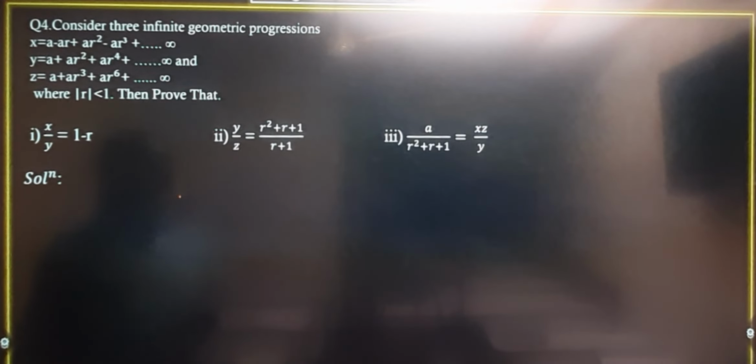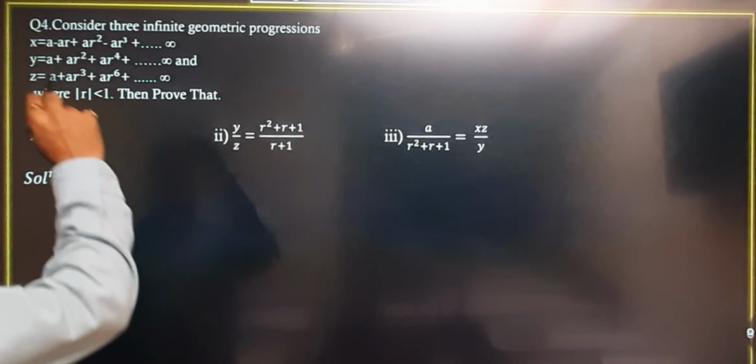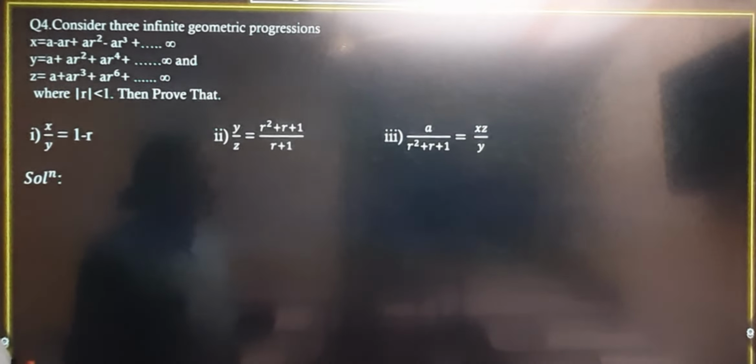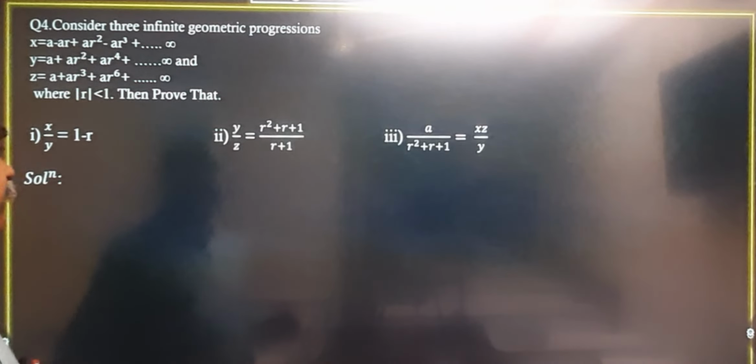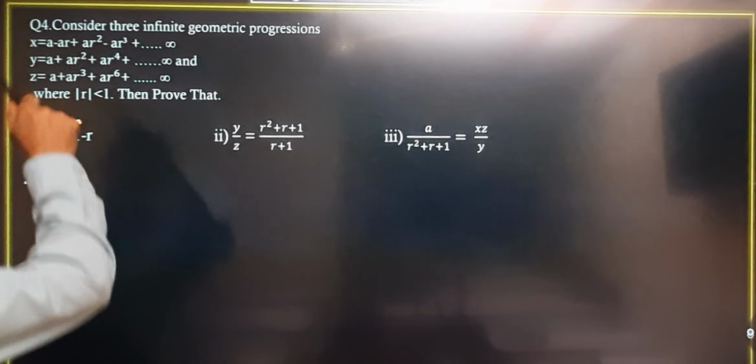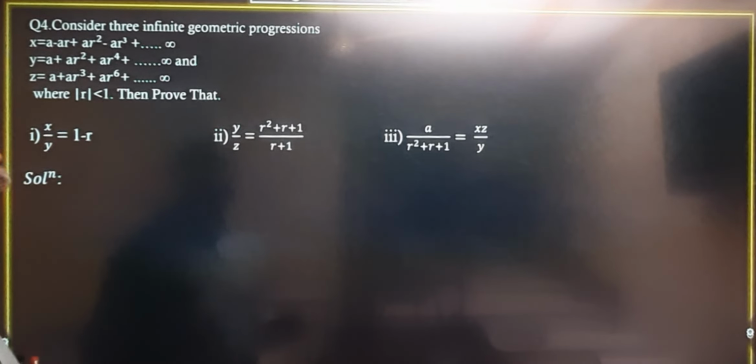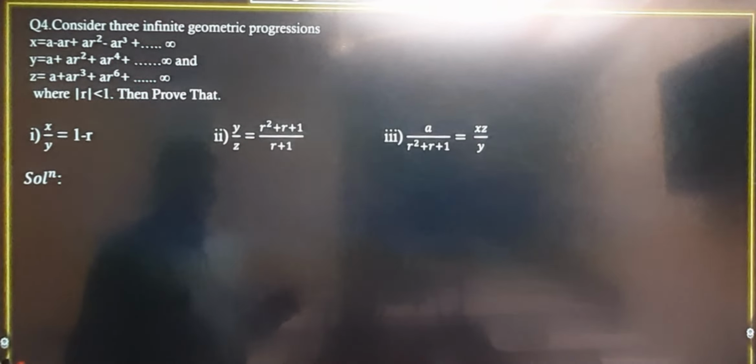Consider three infinite geometric progressions. X is a minus ar plus ar square minus ar cube and so on till infinity. Y is a plus ar square plus ar raised to 4 plus so on till infinity.